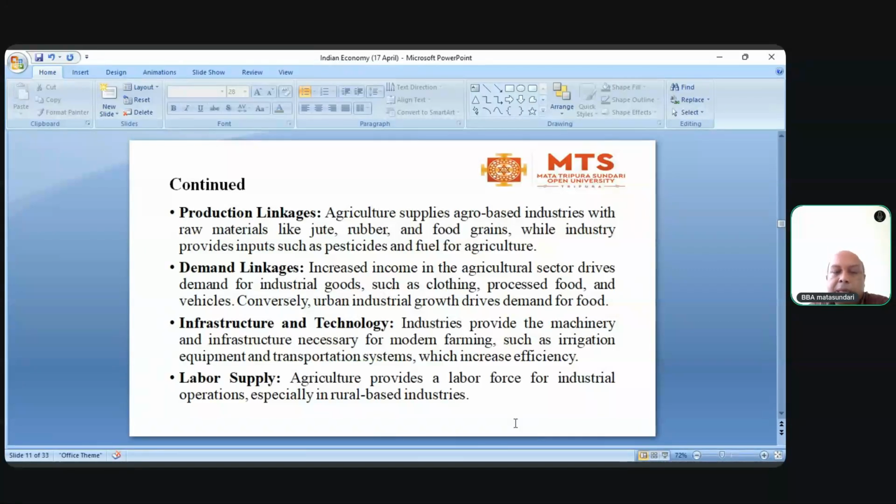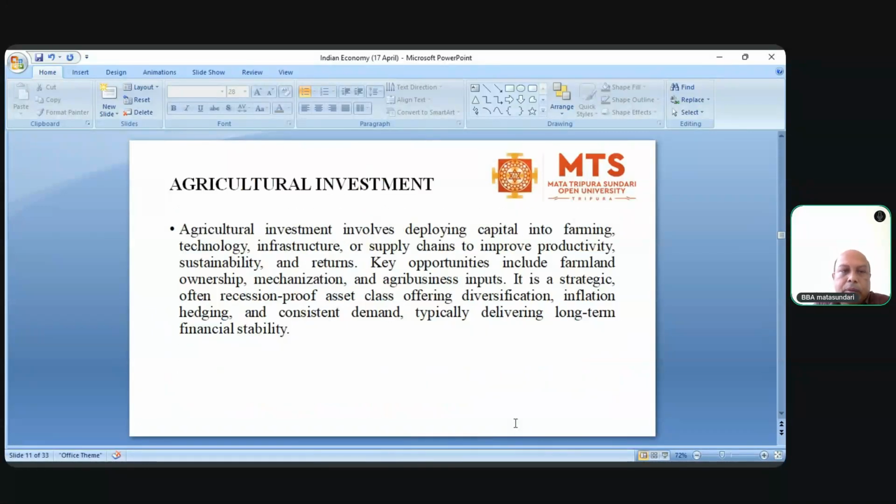In this way, there is a migration of workers from agriculture to the industrial sector. So we can say that the agricultural sector and industrial sector are interconnected and also interdependent. When recession occurs in one sector, the other sector is also negatively affected.